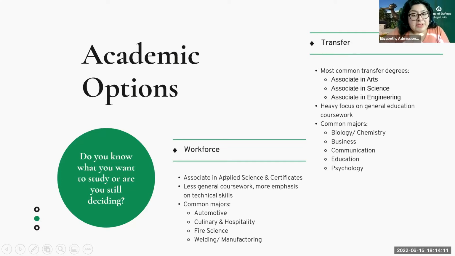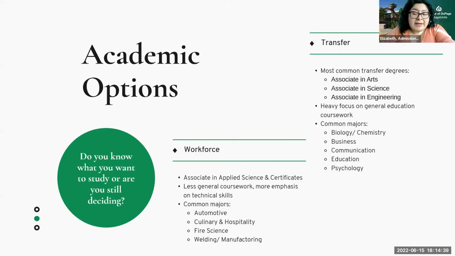The way I remember it is applied. That's the key word. You're applying your study in a very specific area. These typically have less general education coursework because there's more emphasis on technical skill. So majors like automotive, culinary, fire science, welding, manufacturing, and there are tons of other options.